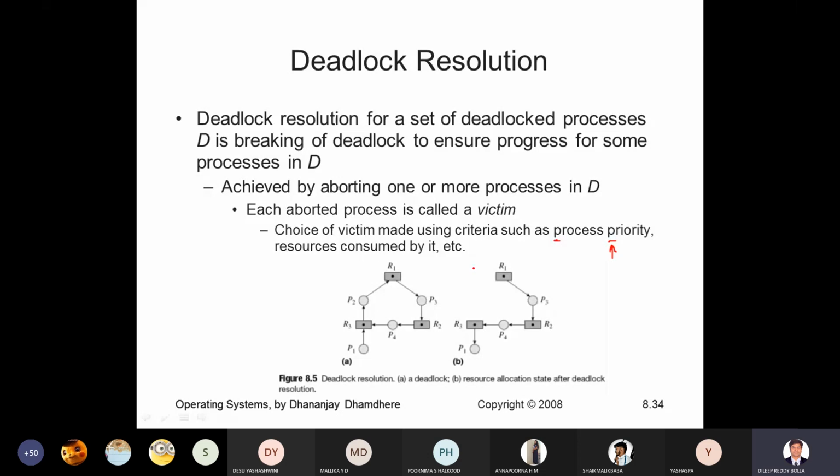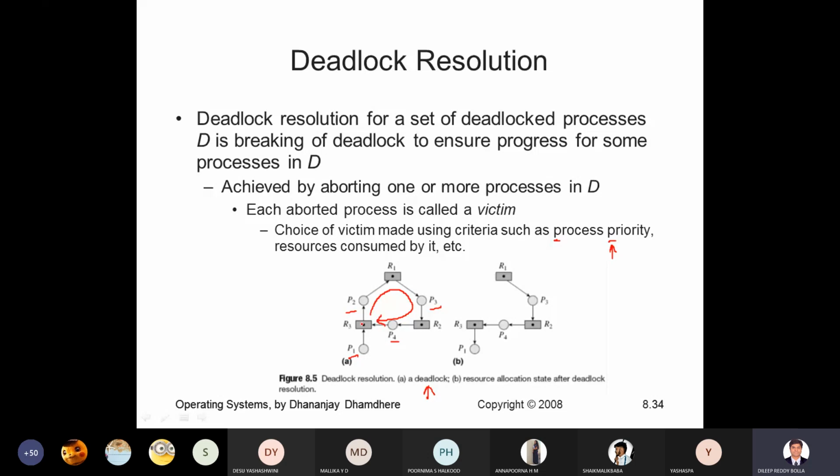Now let us see an example. There is a process P1, process P2, P3, P4. There are 4 processes here. So where is the deadlock in this? You see the deadlock here, because this is making a cyclic loop.